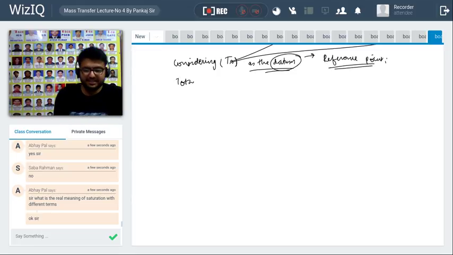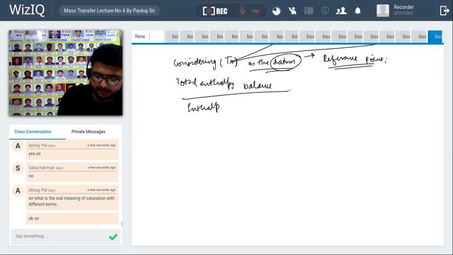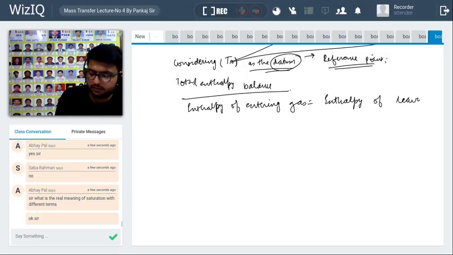So the total enthalpy balance is what? The enthalpy of entering gas is equal to enthalpy of leaving gas.